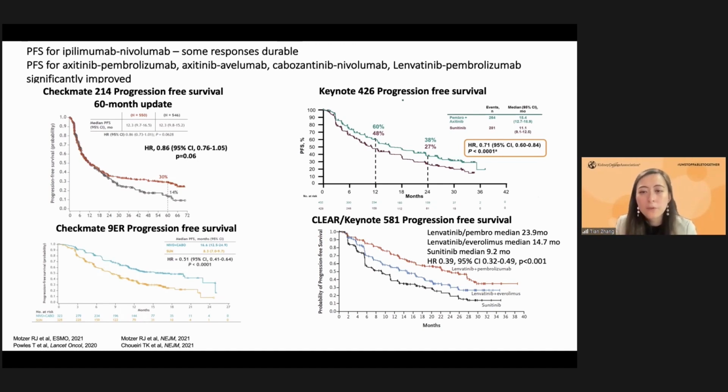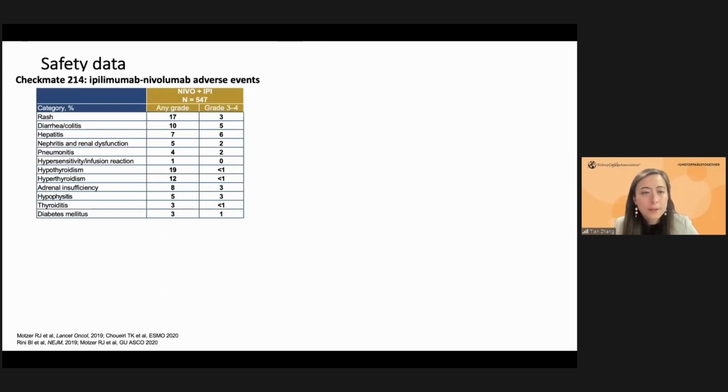And we're still needing more follow-up for the immunotherapy-based treatments that are also adding in the anti-angiogenic agent across the Keynote, Checkmate 9ER, and CLEAR studies to really see if there's the same type of curve plateau that we see in Checkmate 214. How about safety?